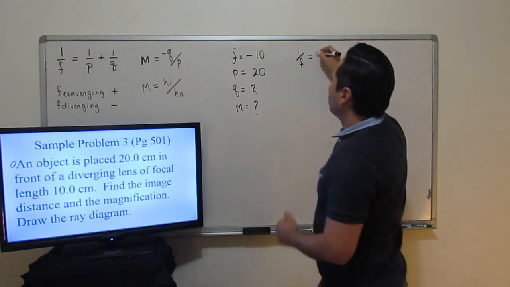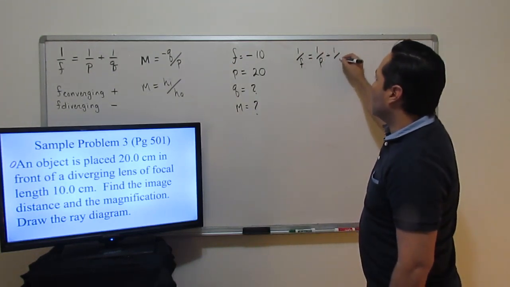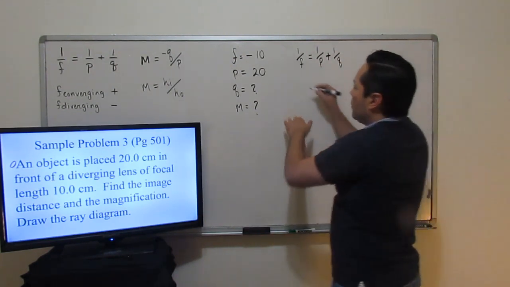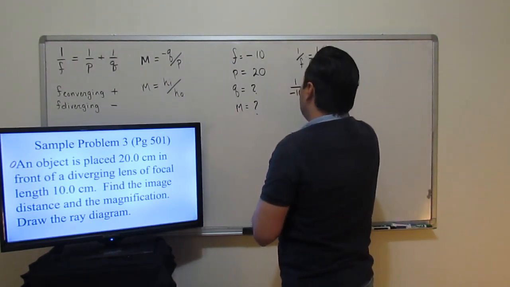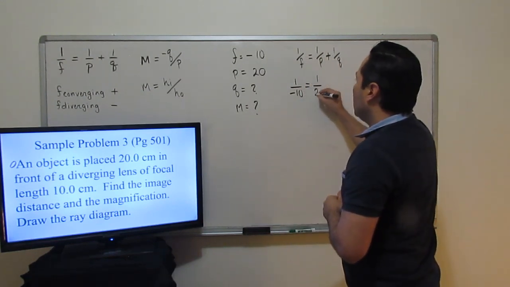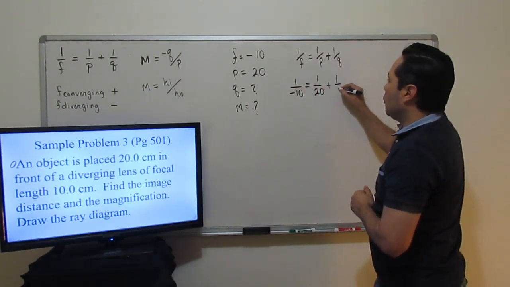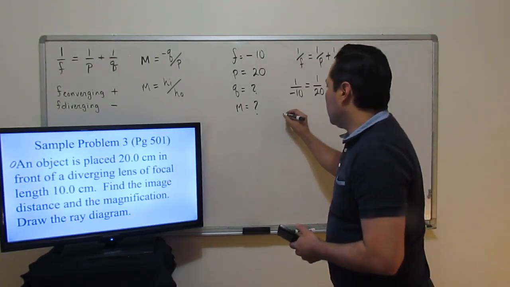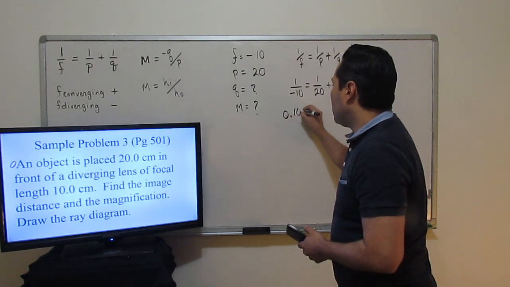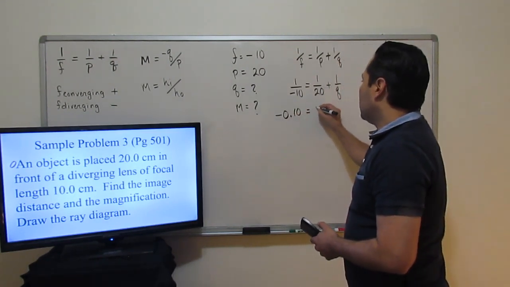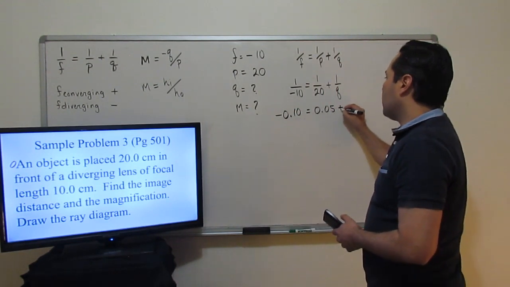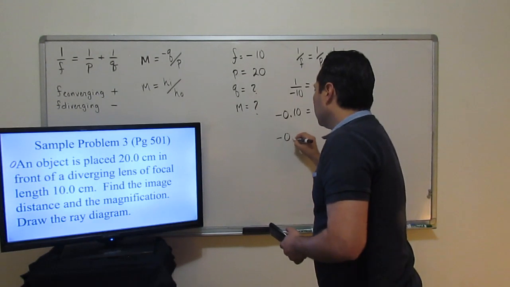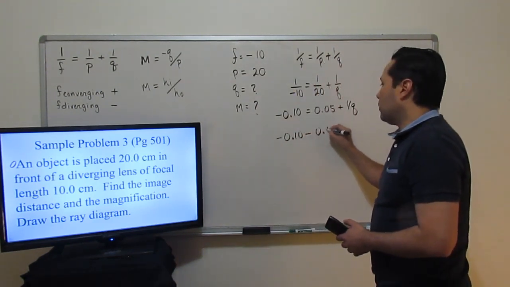So 1 over F is equal to 1 over P plus 1 over Q. That is the thin lens formula. So it's going to be 1 over negative 10 is equal to 1 over 20 plus 1 over Q. Let's put it into a calculator. 1 over 10 is 0.1, which is negative. Then 1 over 20 is 0.05. Then we move this one over here, which makes it negative.